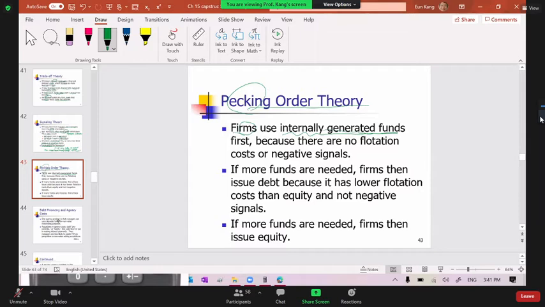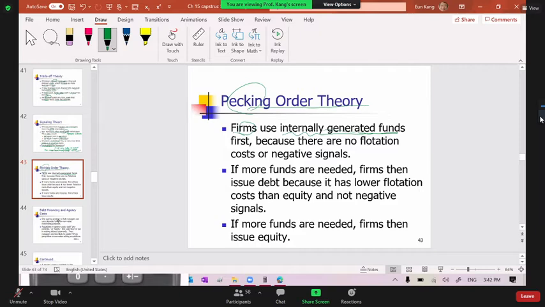Like your net income, the accumulation of net income, which is retained earnings, or you may sell your short-term investments, like treasury bills, something like that.